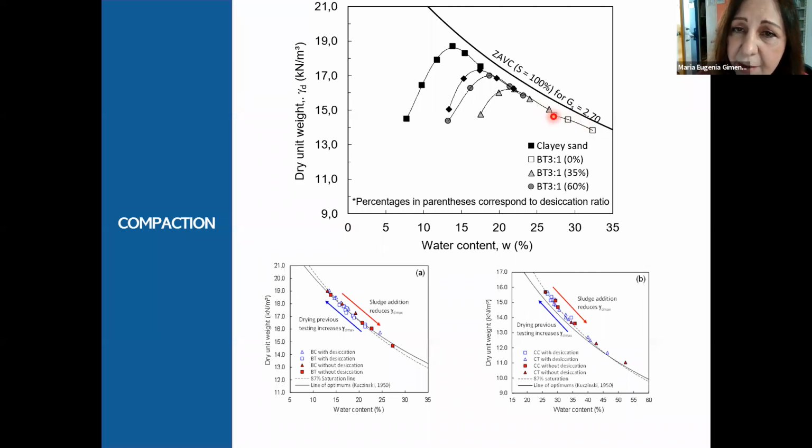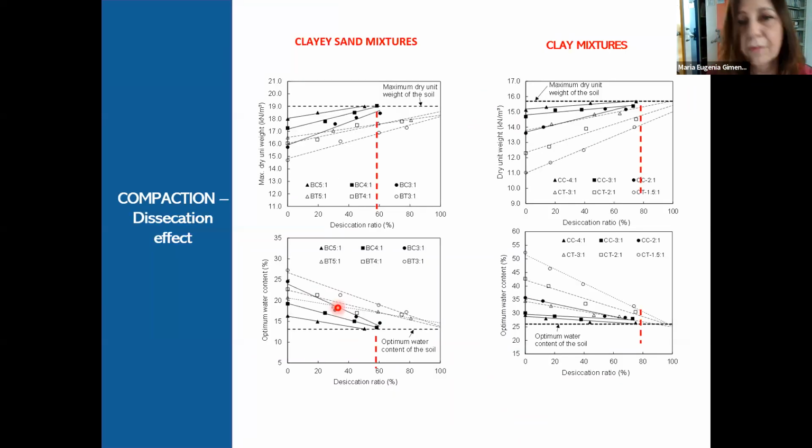If we let the mixture dry and then started the compaction test, we obtained another curve, and drying more, another curve, so that there was a recovery of the soil initial parameters. So the sludge addition reduces the maximum dry unit weight, and drying prior to testing increases it. You could find good correlations in these cases also.